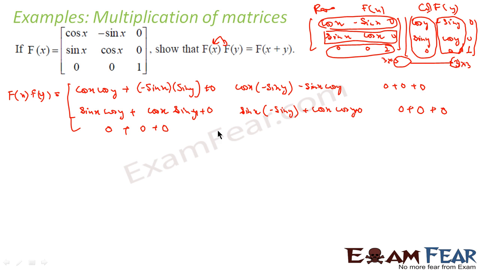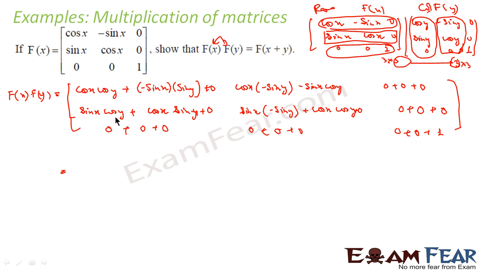Now this element is C3 2, third row, second column. That will become 0 into sin y is 0, 0 into cos y is 0, plus 0, 0. The last will be, you take the last row and the last column, multiply and add: 0 into 0, 0, 0 into 0, 0, 1 into 1, 1. So this is my set.